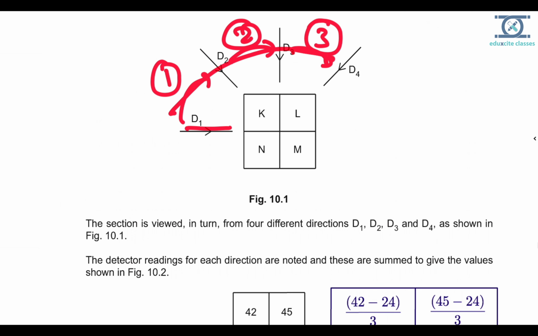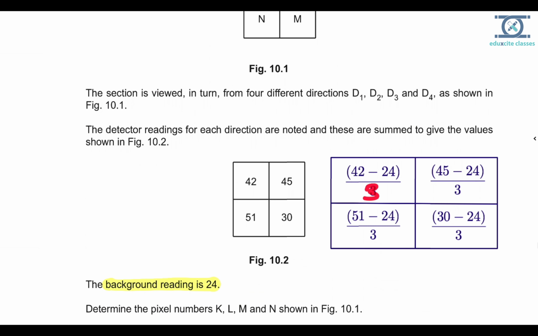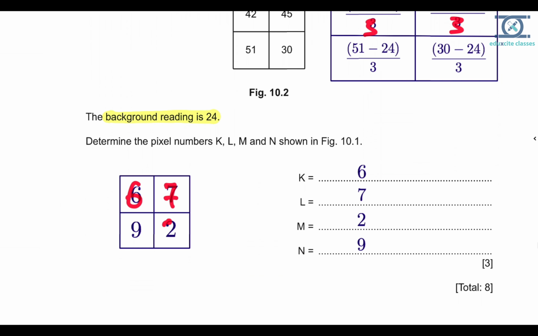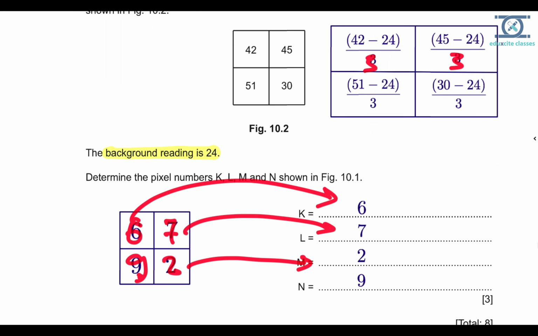So there are a total of 3 turns we have taken for this 2x2 voxel. So we have to divide by the number of turns. If you divide by the number of turns, that is 3, you will get 6, 7, 2, 9. Accordingly, K stands for 6, L for 7, M for 2, and N for 9.